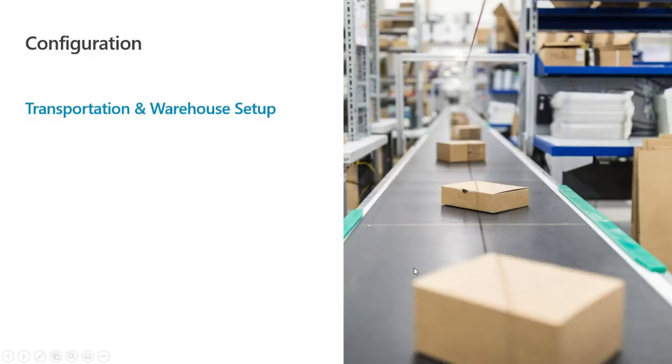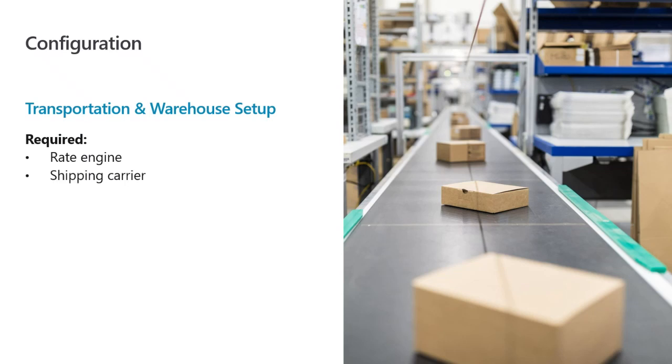So let's go through each of the configurations that are required in Dynamics. Just from an overview of all the configurations that we're going to go through, we've got a set of both transportation and warehouse setups that we need to do. Some of them are required, and those are our rating engine, which we mentioned. That's what you need the DLL for.